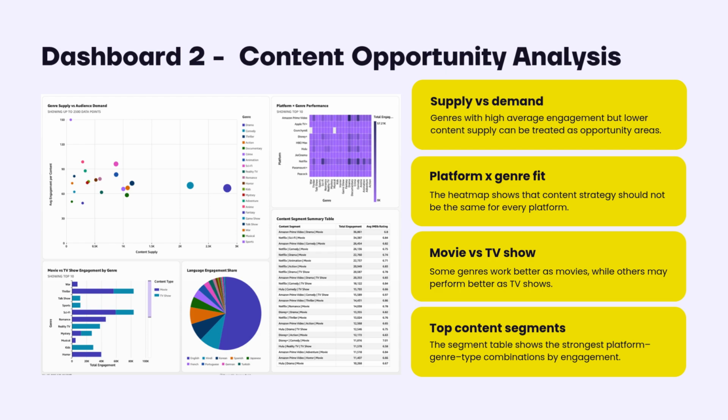The heat map shows the platform and genre fit, meaning content strategy should not be the same for every platform. Then the movie versus TV show chart shows that some genres work better as movies, while others may perform better as TV shows. And the last one, the content segment table, shows the strongest platform, genre, and type combinations by engagement.